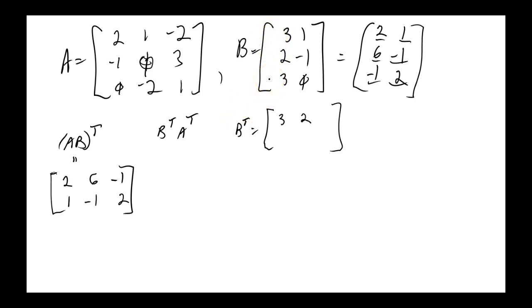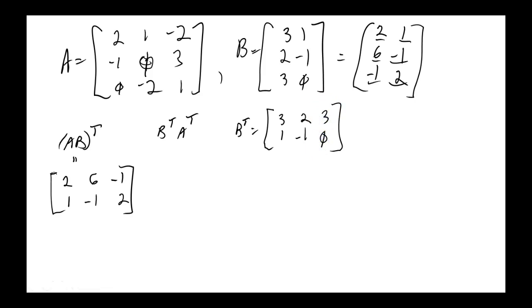Just tell me where you are. You were going down? Yes, sir. Okay, yeah. So 3, 1, that would be correct. Two, -2, -1, and 3, 0. Okay, that's B transpose.